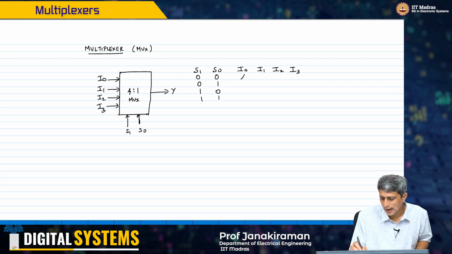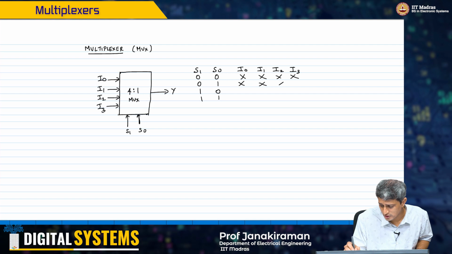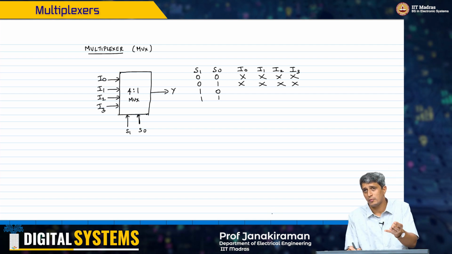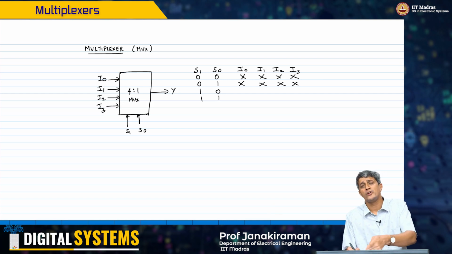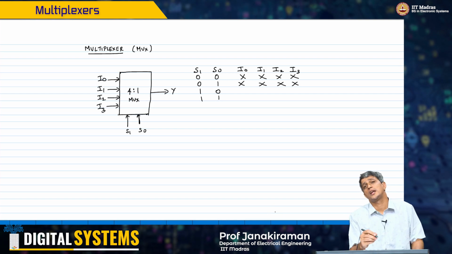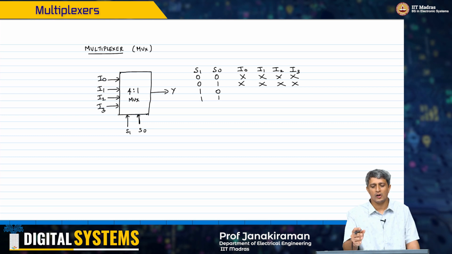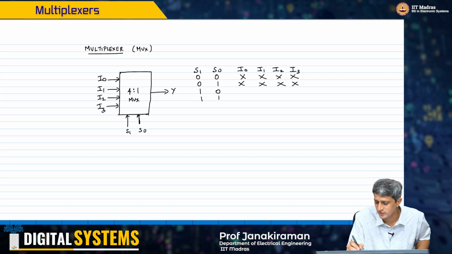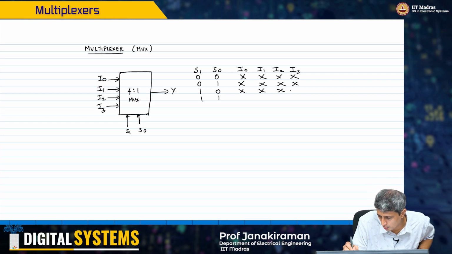Now I am not going to worry about this combination actually. I am going to write this truth table slightly differently because you already see for just a 4:1 multiplexer, what do I have here? I have 6 input combinations. So if I wanted to write this truth table out fully, I would have to write 64 combinations, which is just too complex. So I'm not going to write all this.